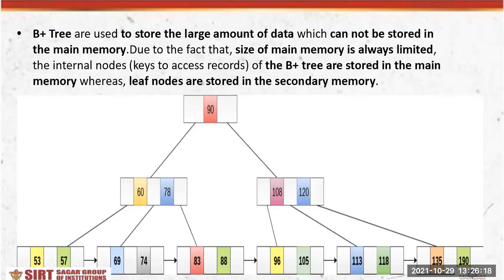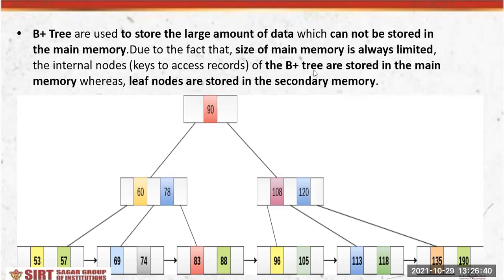Now you are having this kind of tree, B plus tree, to store a large amount of data which you cannot store in main memory basically. So you require B plus tree. Why do you require B plus tree? Because main memory is having a limited size, so it will give space to a minimum number of nodes.